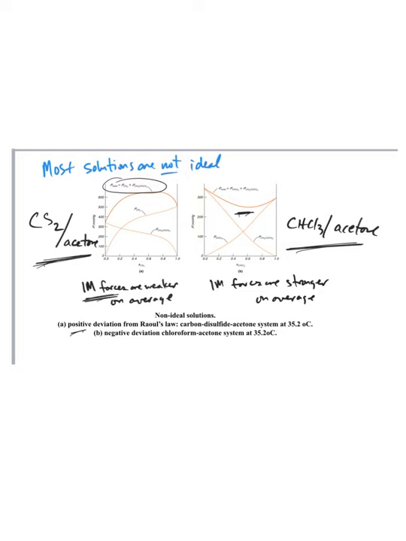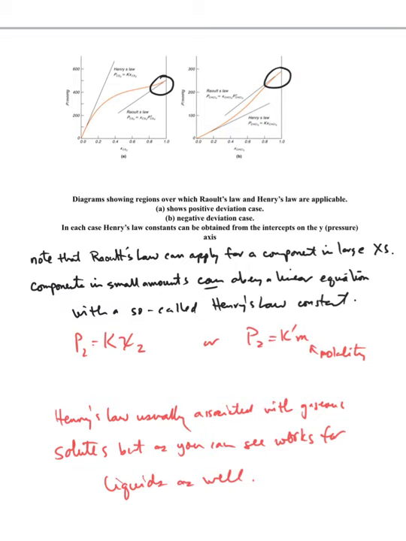Now, just because these curves end up being something other than straight lines, it doesn't mean that they're completely useless. Let me show you. First of all, note that Raoult's law can apply if one of the components is in a large excess. So these two figures abstract two of the lines from the previous page. If you look at the carbon disulfide line from the left-hand graph earlier, you could see that the end point, let's say a 0.95 and above mole fraction in carbon disulfide, does follow a linear relationship to Raoult's law.